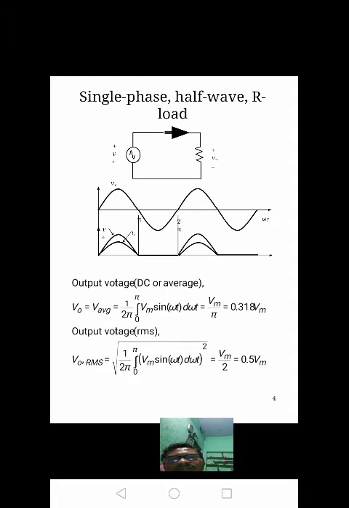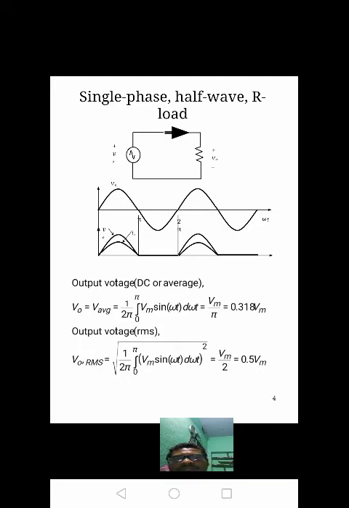Here we are calculating the output voltage, DC or average. V naught is equal to V average is equal to 1 by 2 pi integral over 0 to pi Vm sin omega t d omega t, that is equal to Vm by pi. It is also called 0.318 into Vm.